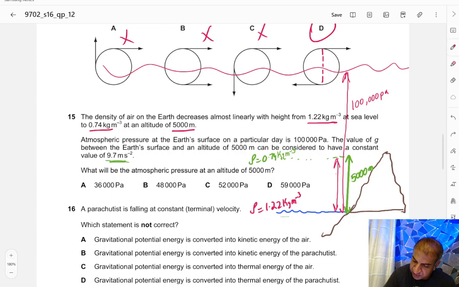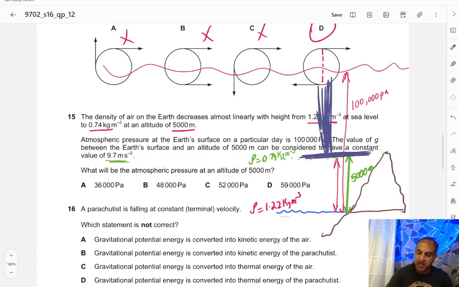My target is the remaining pressure at this position. We already have the total pressure, and we need to find this pressure.